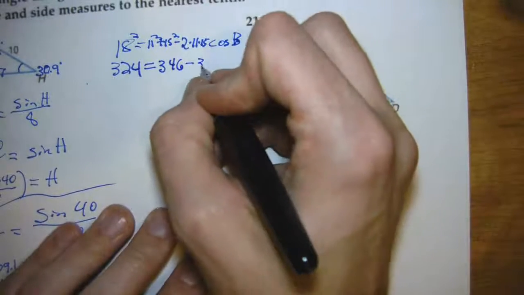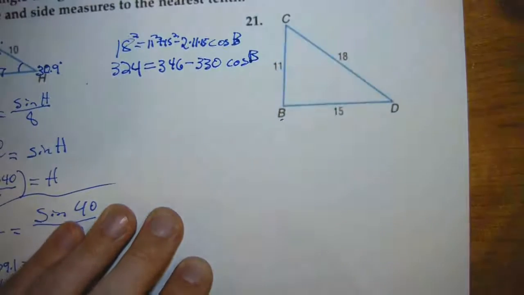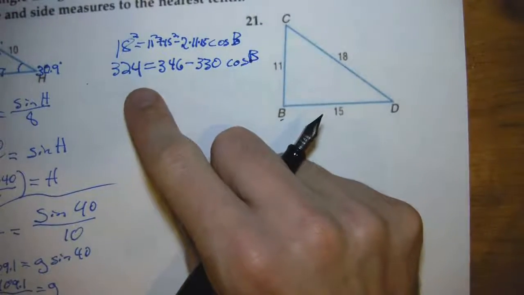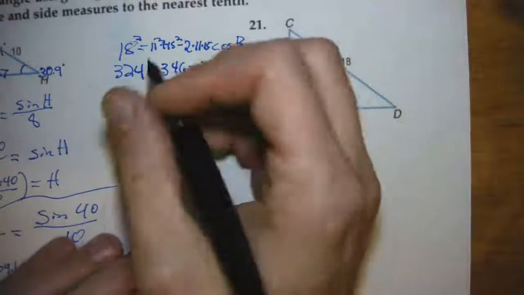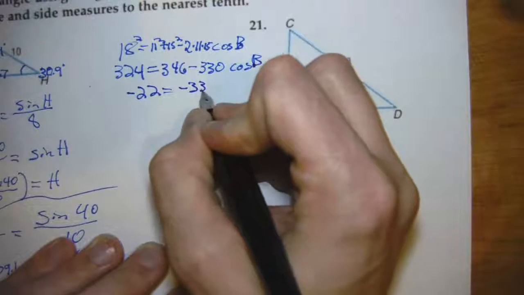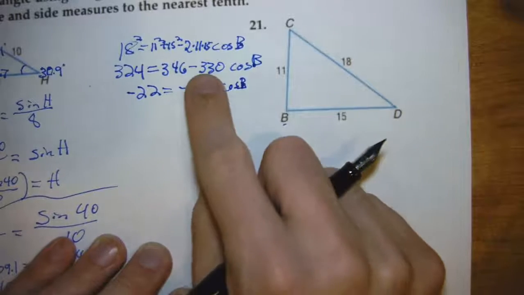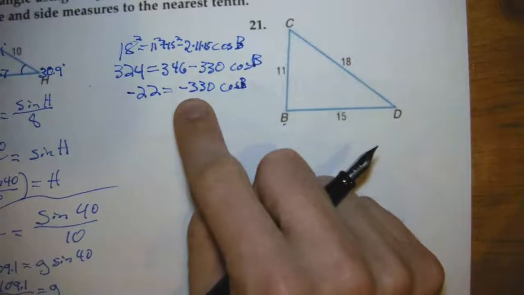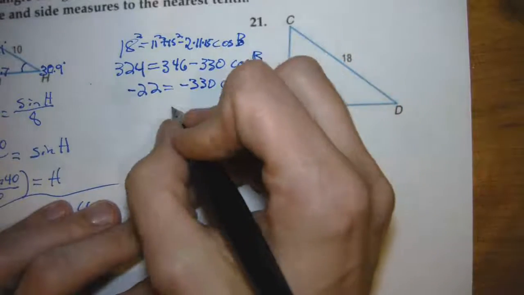That gives me 330 cosine of B. All right, so let's take that 324 and subtract the 346. That gives me a negative 22 is equal to a negative 330 cosine of B. Again, remember that is negative. Don't drop it. So we'll divide by a negative 330, and we get a terrible, terrible number here.